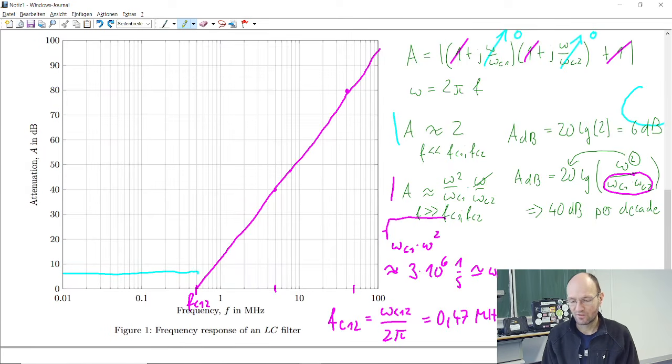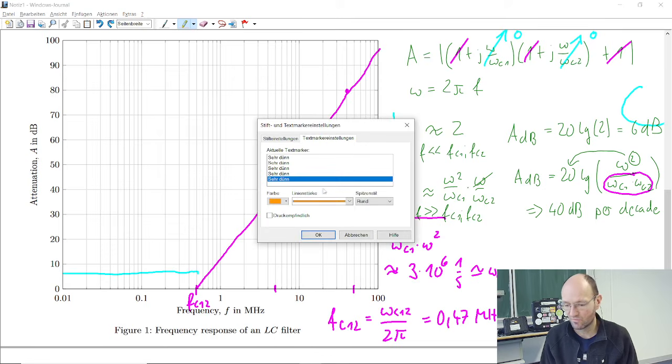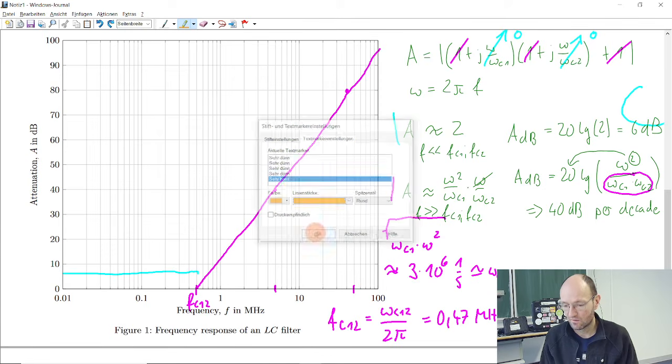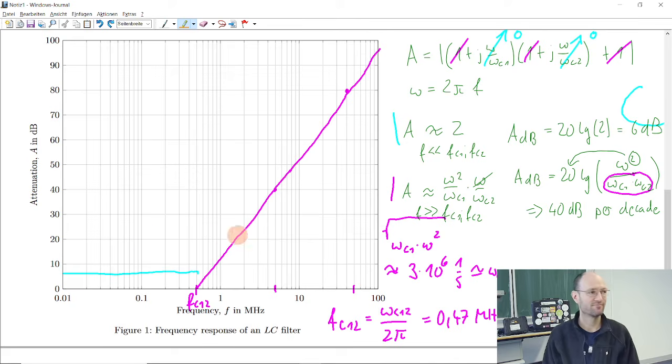Now the plot looks good once again. So it's small for low frequencies and then it increases for higher frequencies. Let me quickly change one of these markers to something that is super thick. You always need to have a workaround. Okay, so at low frequencies, the attenuation is small, and for high frequencies, it increases. And so that's why it's a low-pass filter.